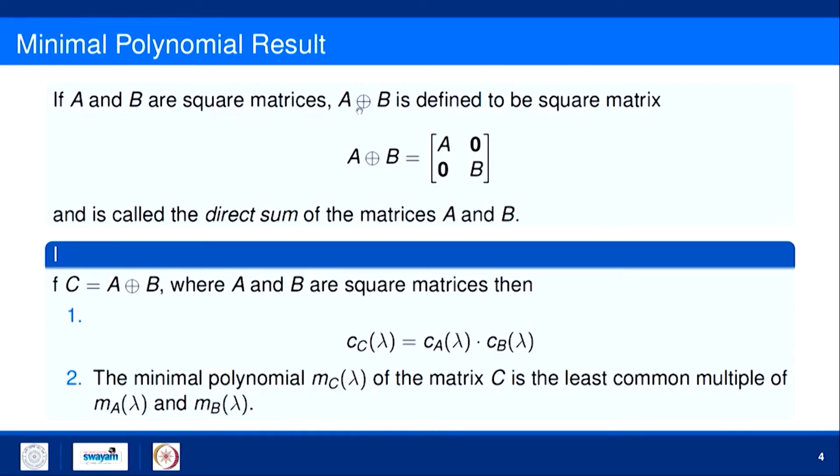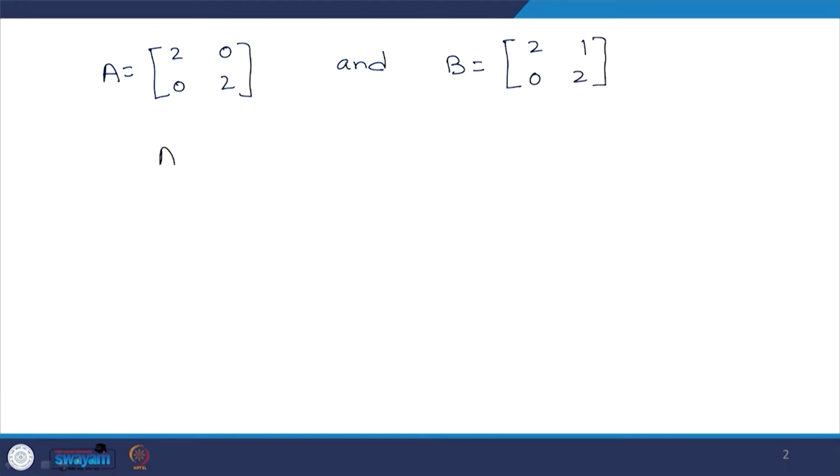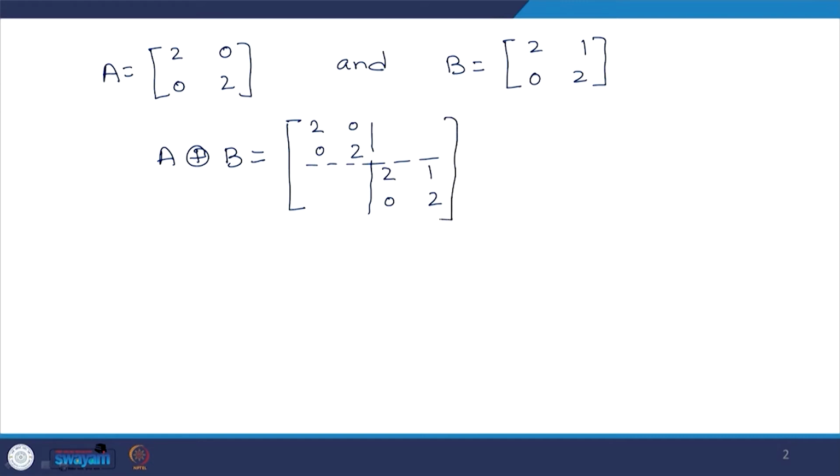This is called the direct sum of the matrices A and B. For example, if you take A equals the same 2 0 0 2 and B equals 2 1 0 2, then A direct sum B is 2 0 0 2, which is a diagonal matrix, and the other one is 2 1 0 2, and the rest of the entries are 0. So it becomes a 4 by 4 matrix.